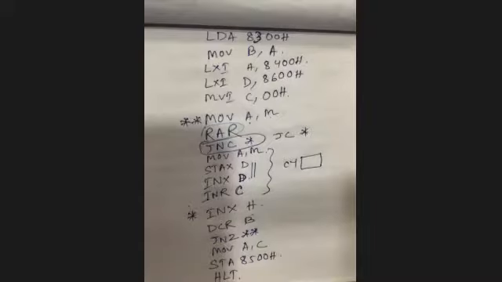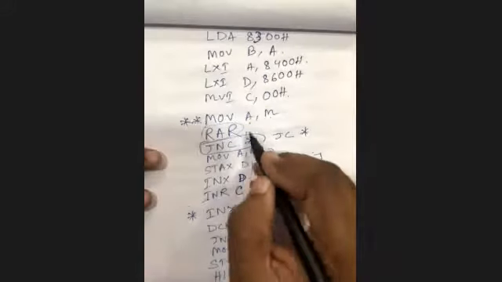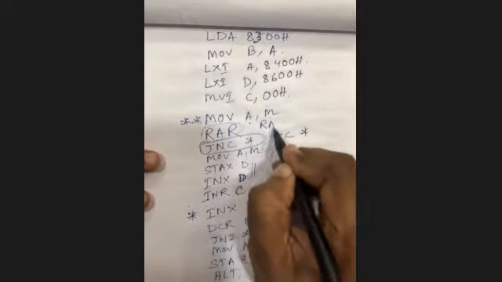Sir, how do we find out the positive number? Amit, please tell me. First, instead of RAR we will use RAL.